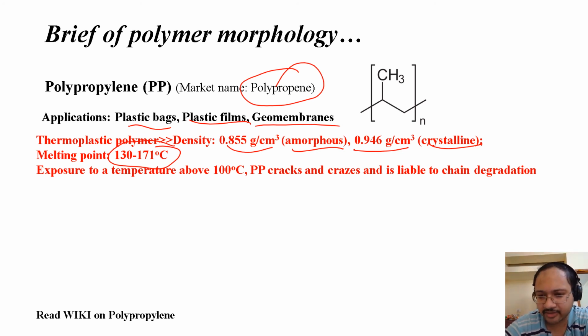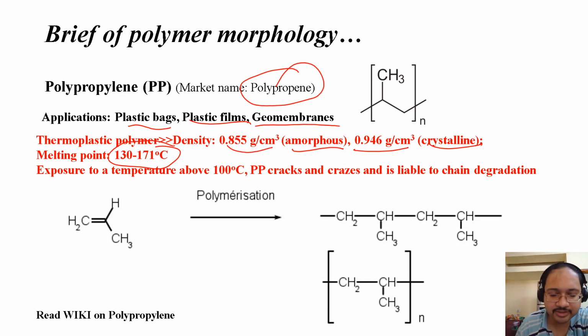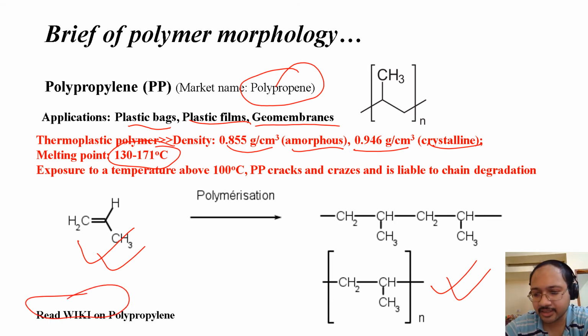So if there is a crack or a craze, there can be degradation of the polymeric chain. So how does it form? It is formed from propylene, which polymerizes and finally creates polypropylene. Again, you can look into Wikipedia for a detailed understanding of the characteristics and applications of different grades of polypropylene.